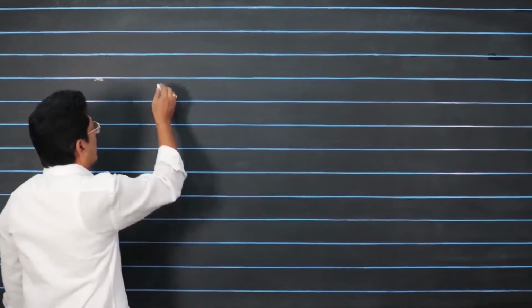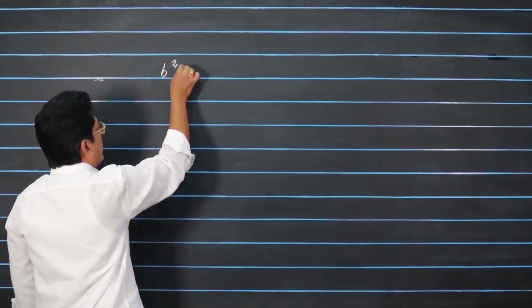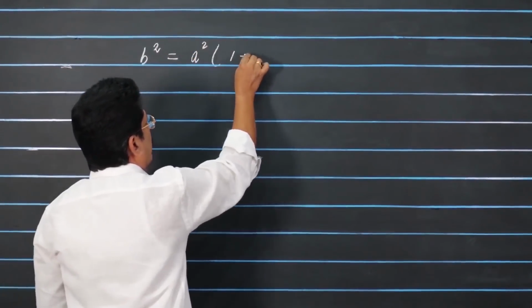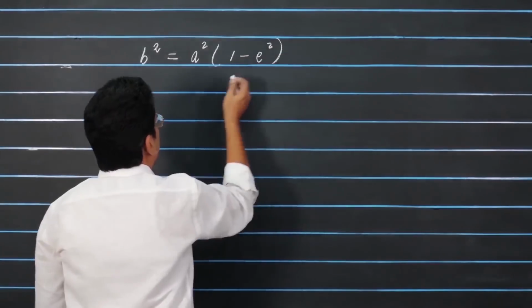From equation 1 and 2, we have b squared is equal to 2a and ae the whole squared is equal to 8. With the help of these two data, we can substitute the values in the equation b squared is equal to a squared into 1 minus e squared.